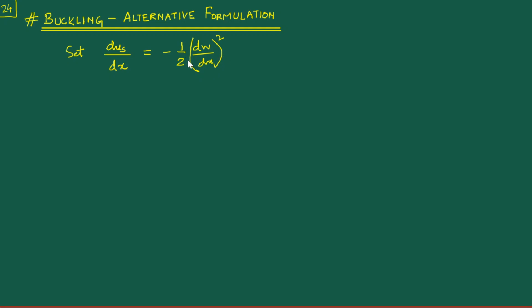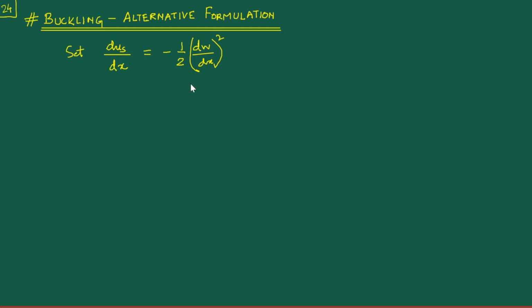So what this basically represents is the shortening of the beam as a result of the buckling. Now, at this point, I am not going to justify that kind of shortening. Rather, what I will do is utilize this particular expression and see what it gives me.